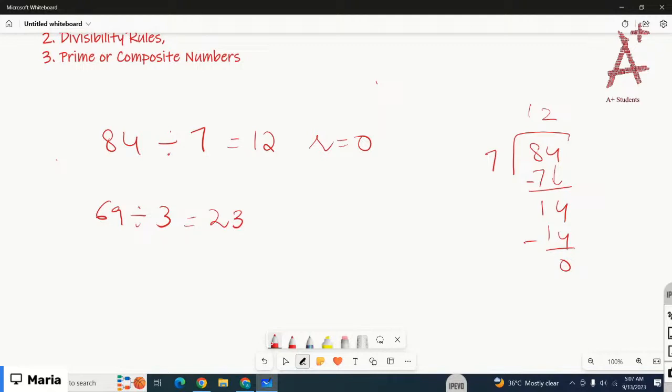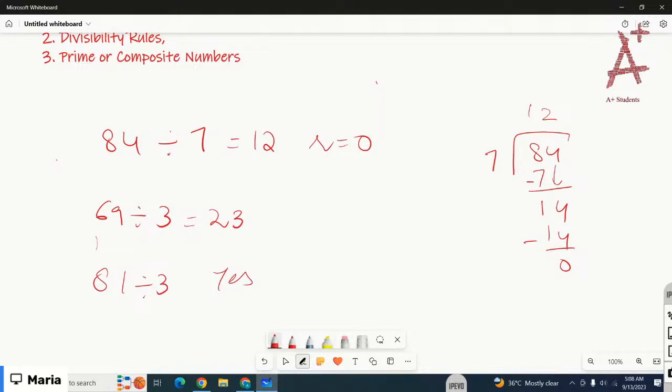So yes, 3 is a factor of 69, right? Okay, the other example is 81 divided by 3. Is 3 a factor of 81? So you can see 3 is a factor of 81, yes or no? Yes, because 3 completely divides 81, so 3 is a factor of 81, right?